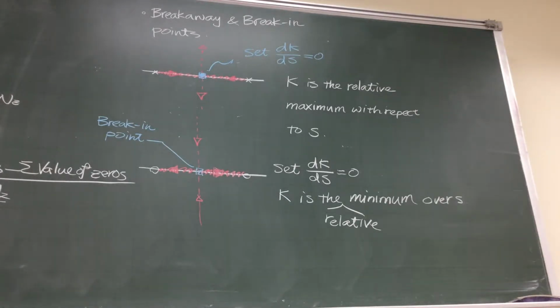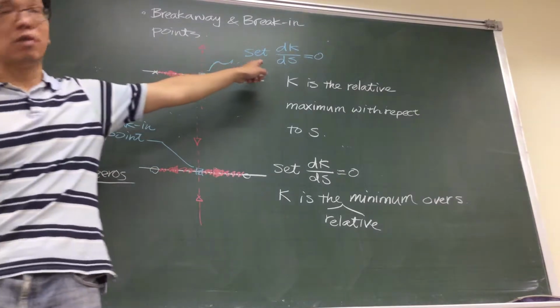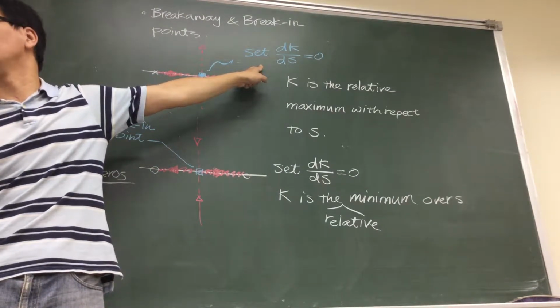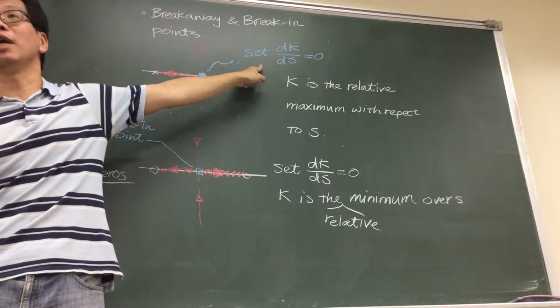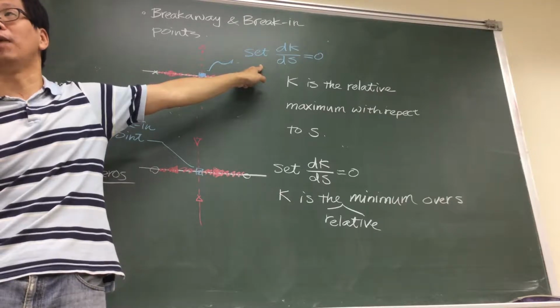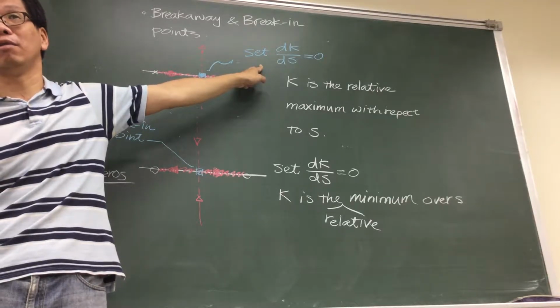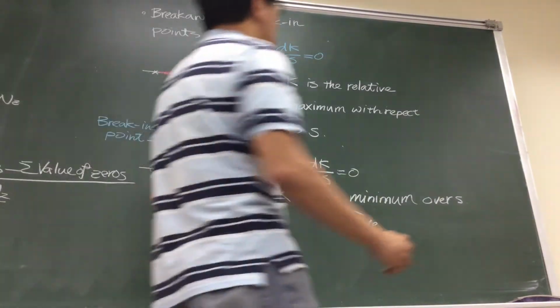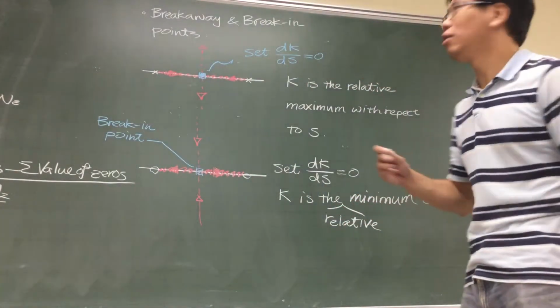Keep in mind, this is the solution of differential equation. If you got higher order, it means that you might have multiple answers over here. When there's multiple answers, it means that you must have multiple break-in and multiple breakout, depending on how you design your system.